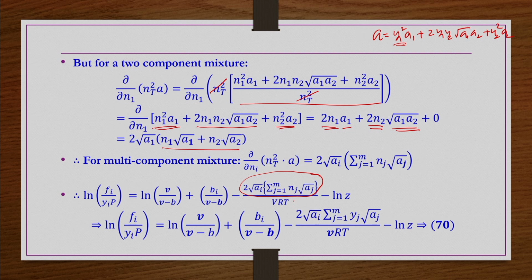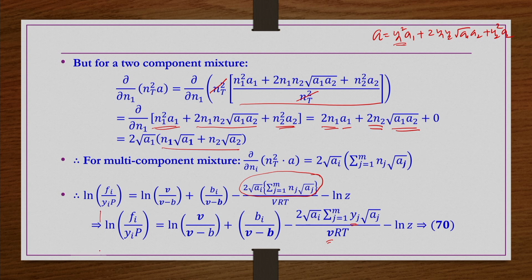Now, for the next term, I am dividing both numerator and denominator by nt. So that nj by nt I can write as yj, and capital V by nt I can write as small v, the molar volume. All the other terms we are keeping the same without changing anything.